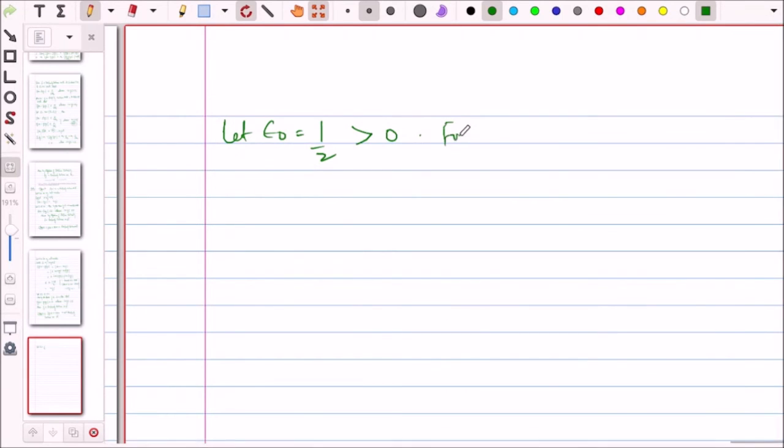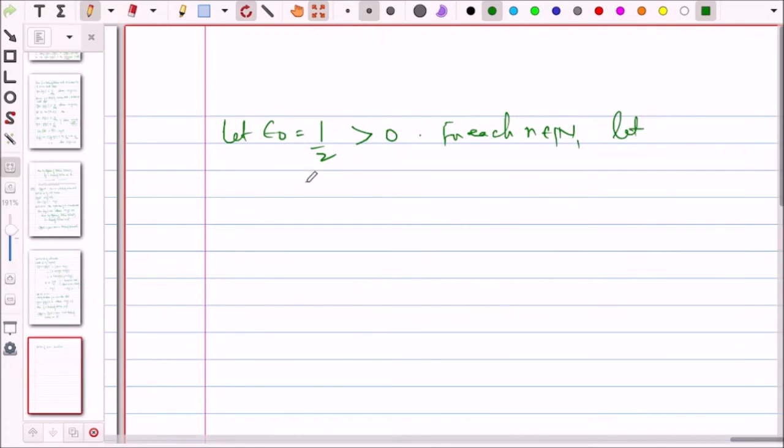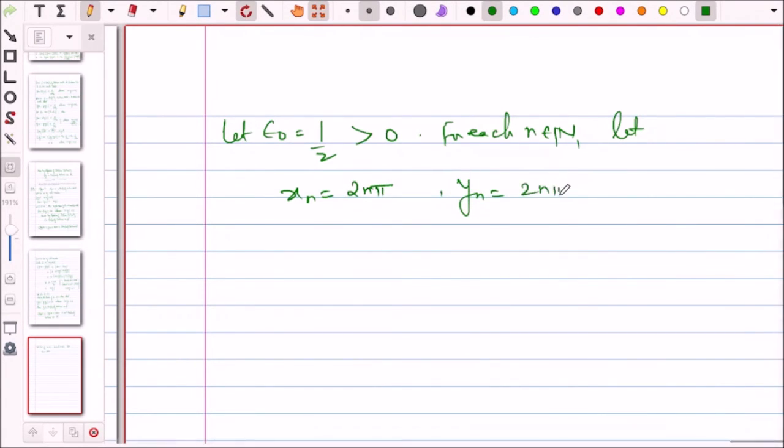For each n belonging to N, we will take xn = 2nπ and yn = 2nπ + 1/n.